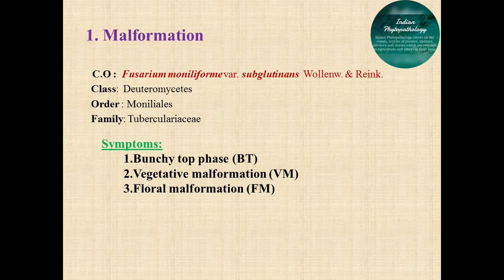Plant growth stops and gives a bunchy top appearance, as we have seen in bunchy top disease of banana. The same type of symptoms are observed in this phase: shortened internodes and excess rudimentary leaves produced on the main shoots. So these are the particular symptoms of bunchy top phase.